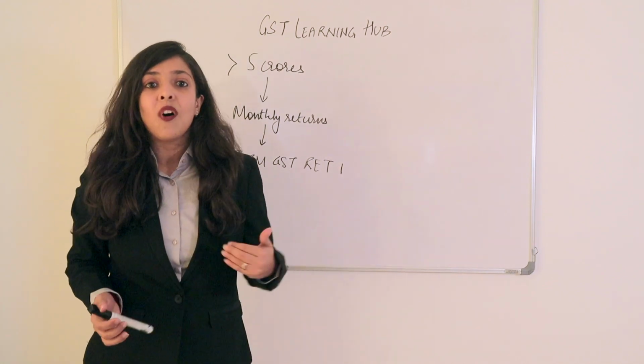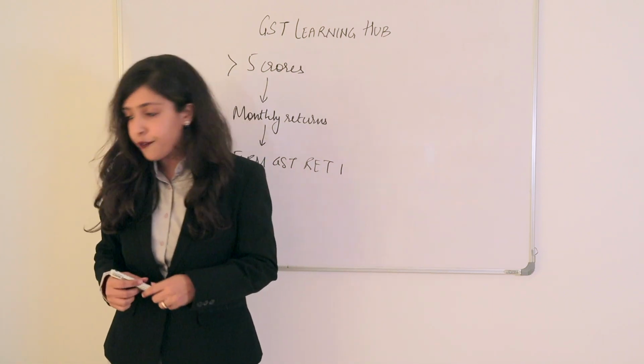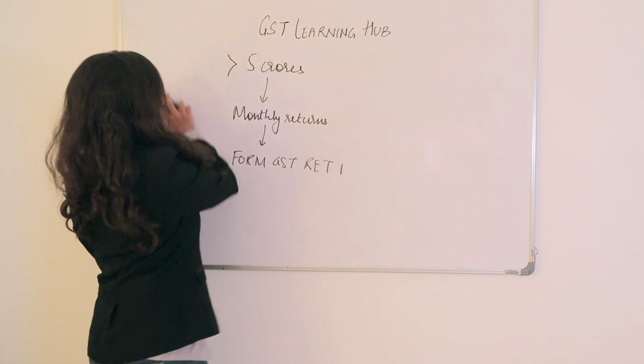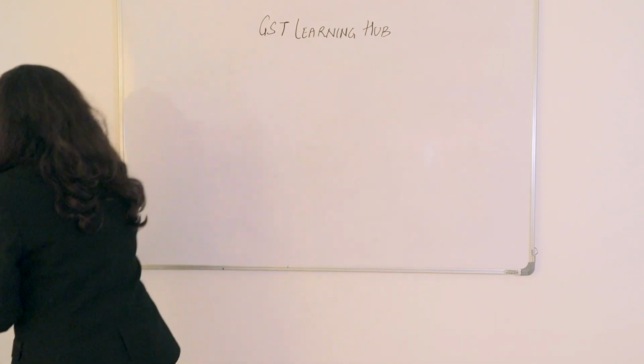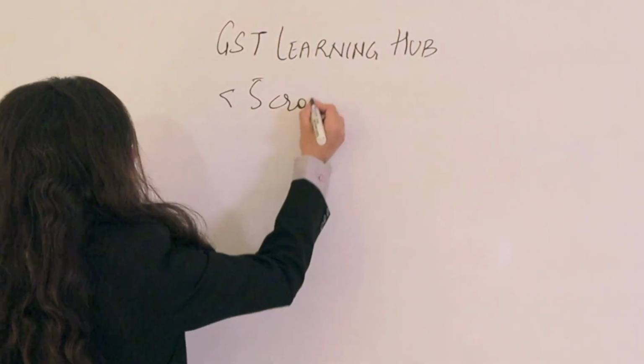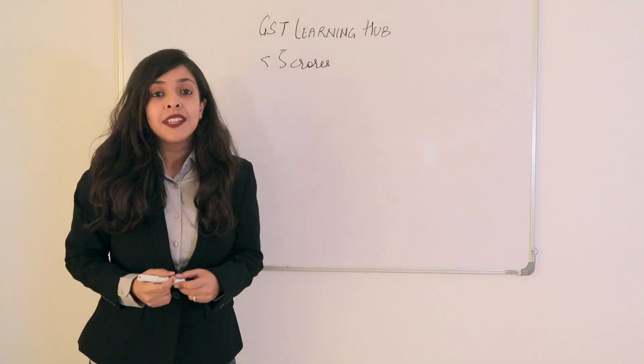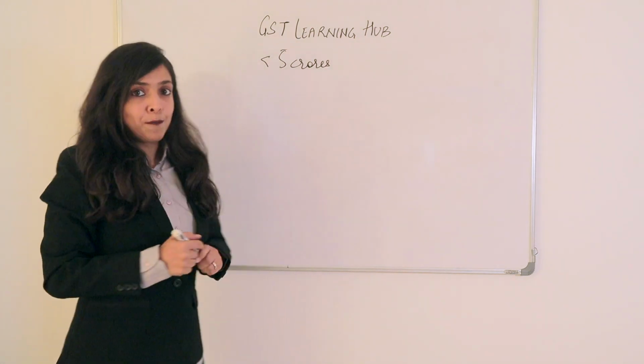Now the ambiguity or confusion comes where your turnover is less than 5 crores. Where the turnover is less than 5 crores, the GST Council has given us 3 options.